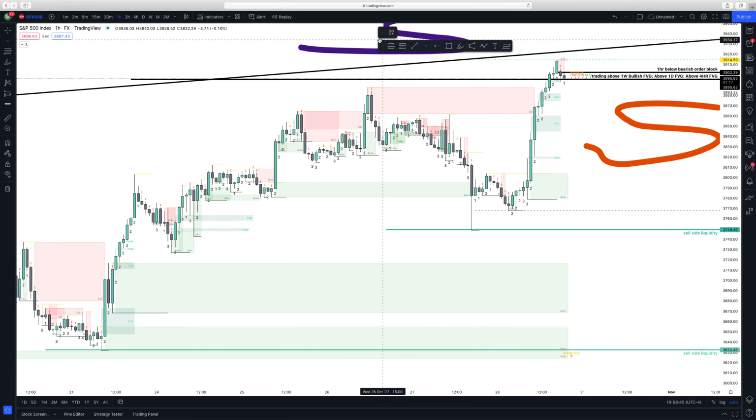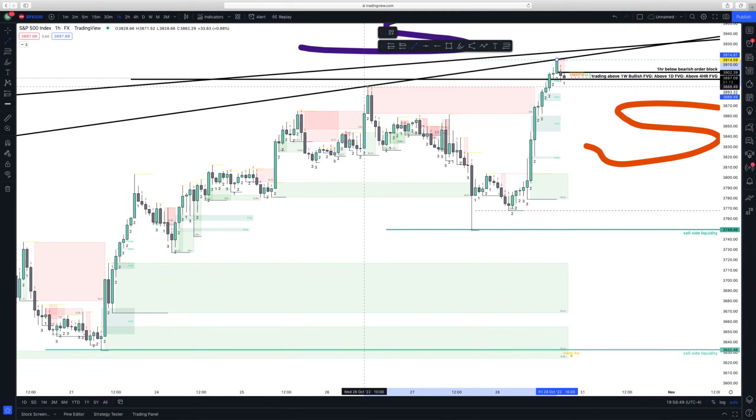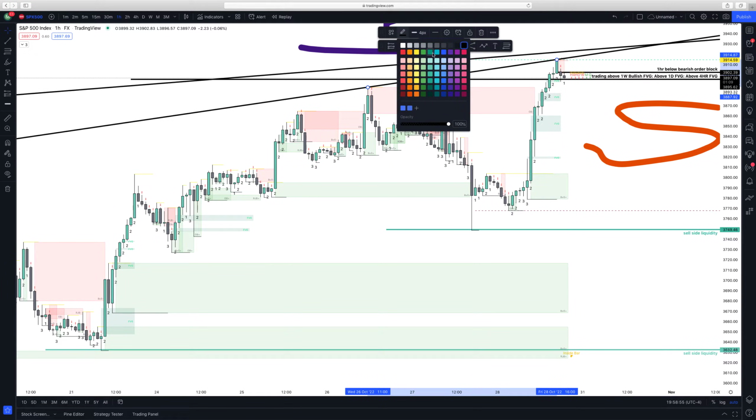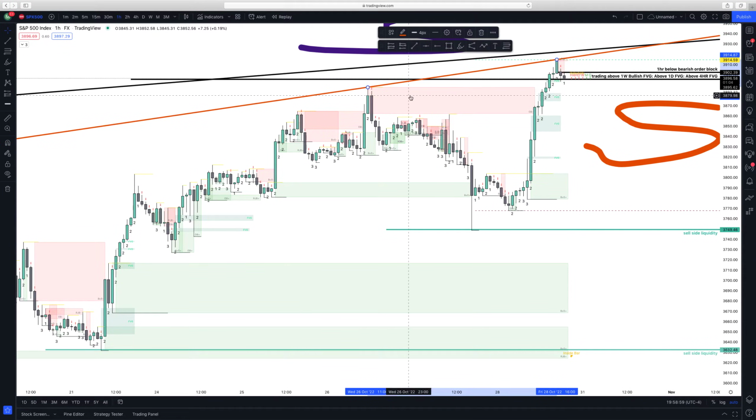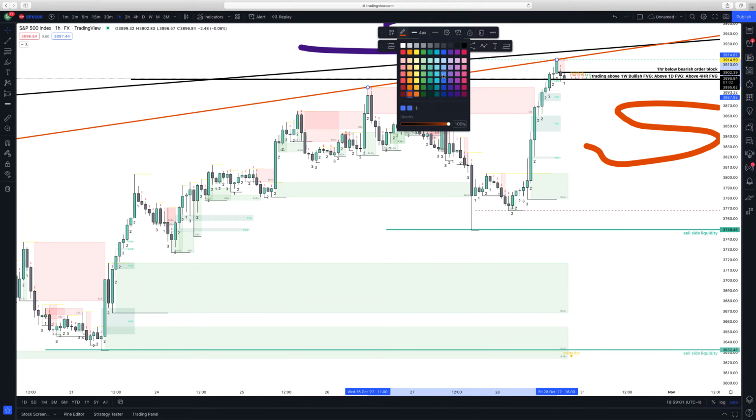Also, here on the chart, I do like another broadening formation, but I'm going to make this one a different color. So on this broadening formation, I'll make it a color you guys can see.